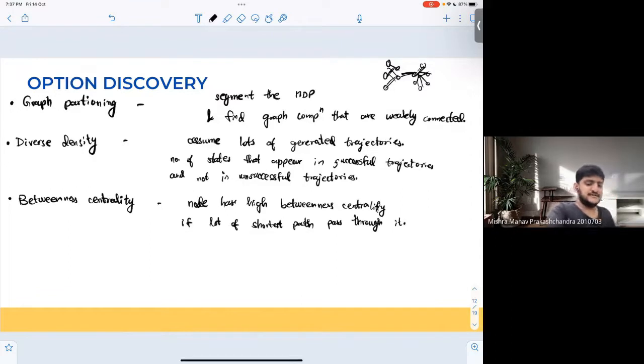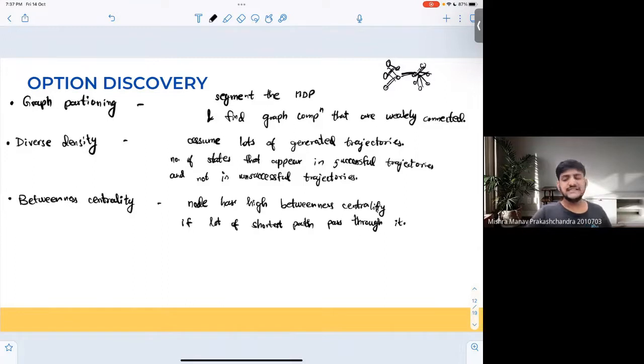So this is what betweenness centrality tells me. If there are multiple shortest paths from location A to location B, a node has a high betweenness centrality if a lot of the shortest paths pass through that node, then the betweenness score is high.